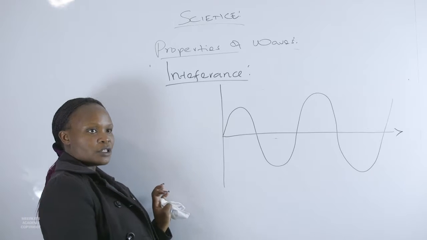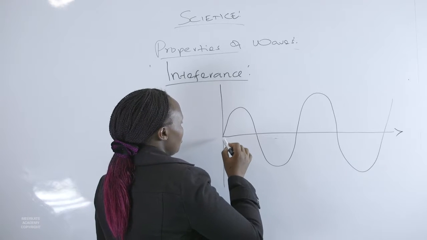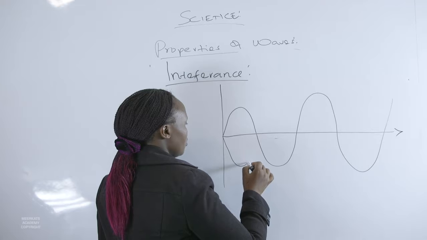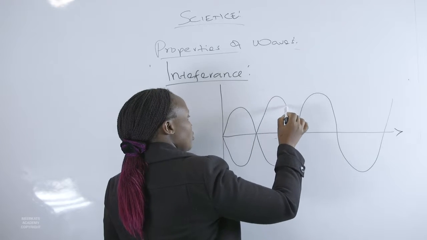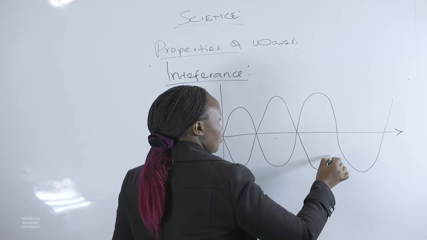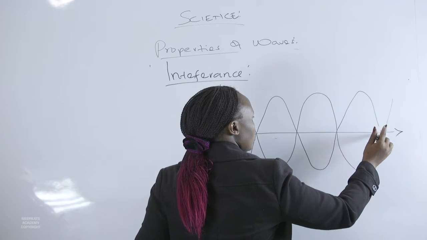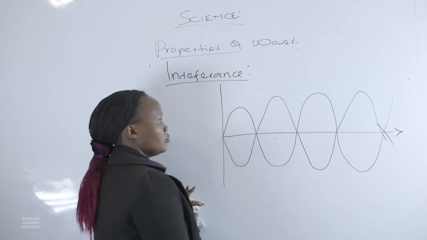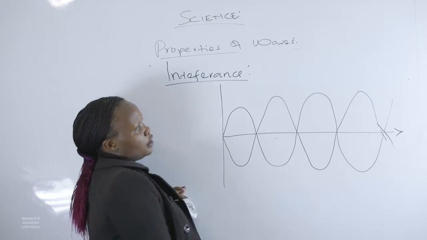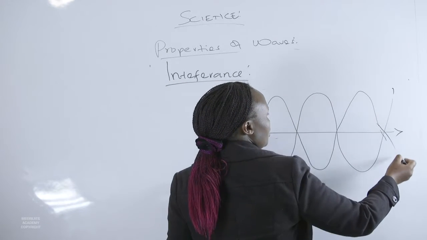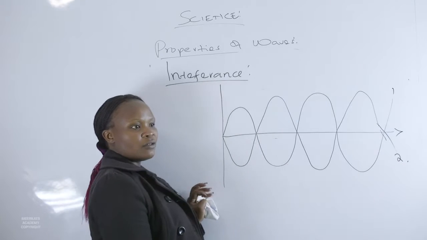That one is our first wave, let us call that one wave 1. Then probably we can have another one. Then we have the second wave.